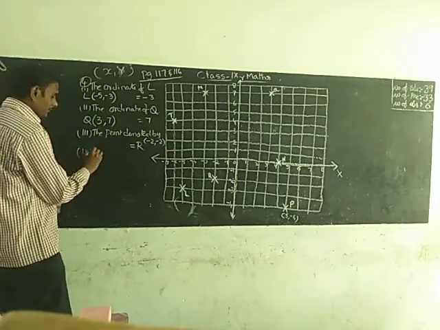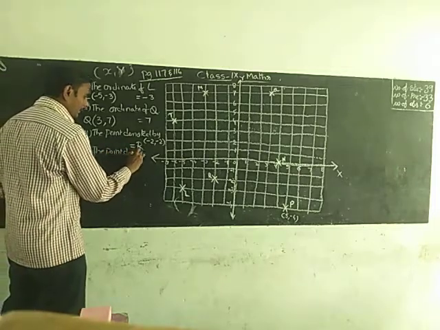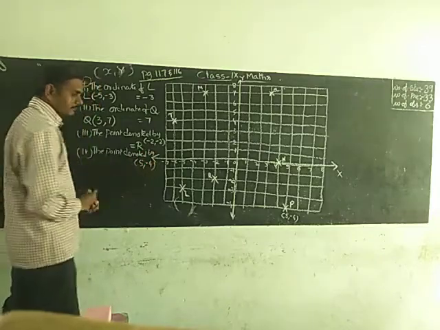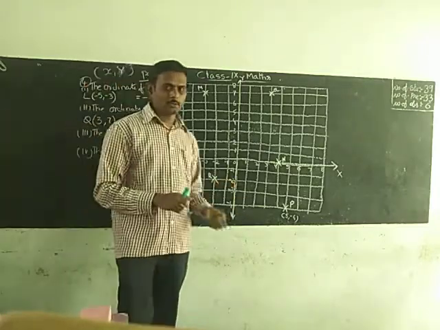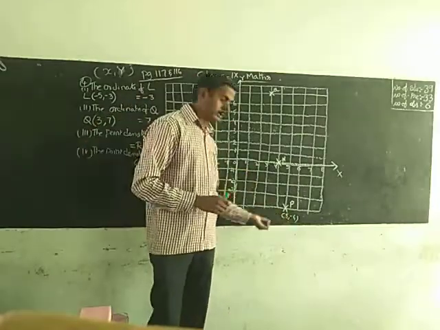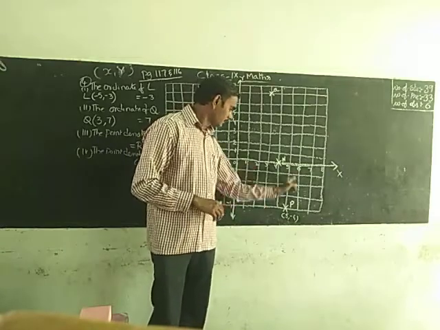Next, the fourth question: the point denoted by 5, -4. They have already given the ordered pair 5, -4. Is that correct or not? Check once. On the x-axis, 5 units, yes.